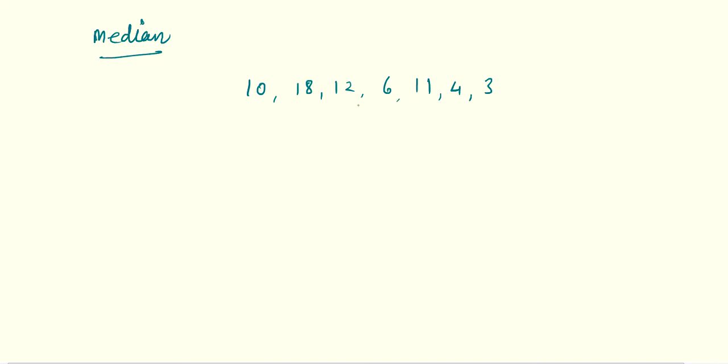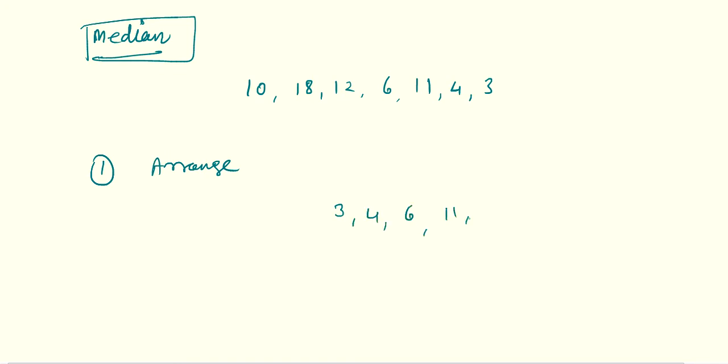Now we will arrange this first. To find the median of any observation, step number 1 is to arrange the data. So we are arranging this data in ascending order. The smallest number is 3, then 4, then 6, then 10, 11, 12, 18.